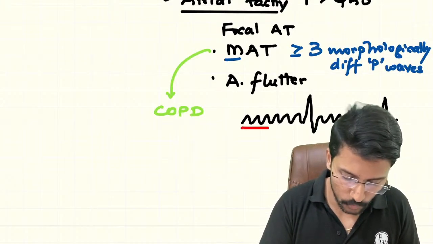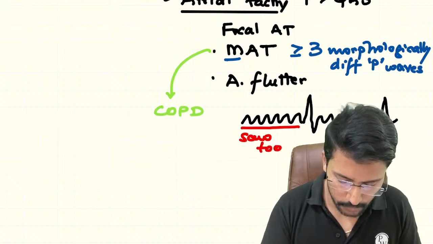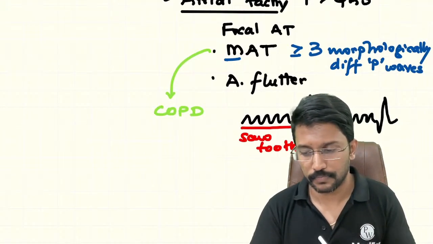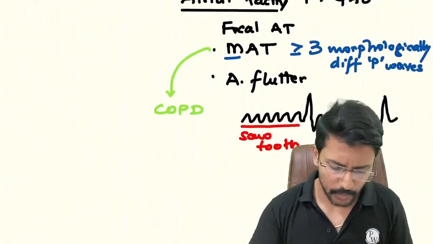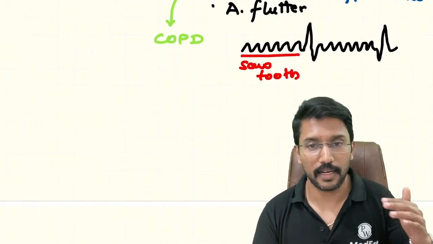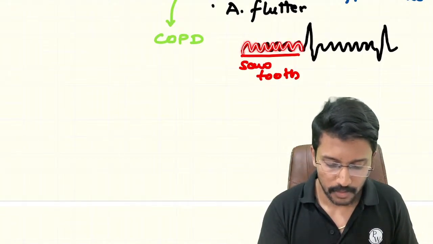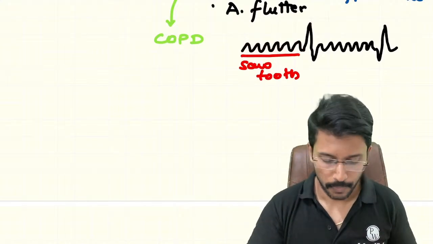That makes the baseline look like what we call a sawtooth appearance. Whenever you see that, you know that you're dealing with a case of atrial flutter. Why is that happening? Because it is an atrial tachycardia where atrial rate is way higher than the ventricular rate. So multiple P waves, few QRS complexes, giving rise to this sawtooth appearance.